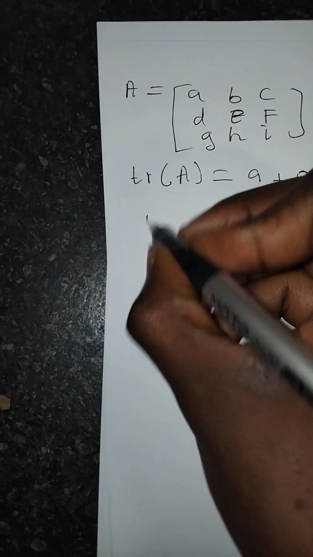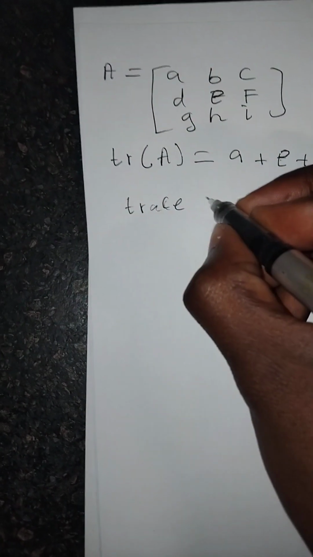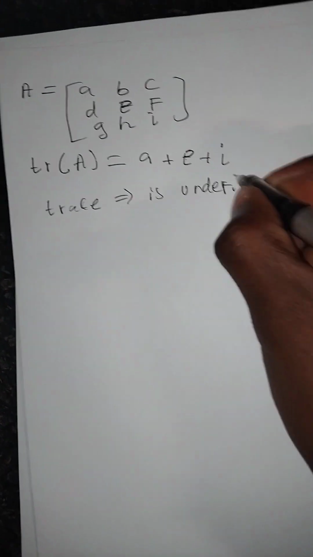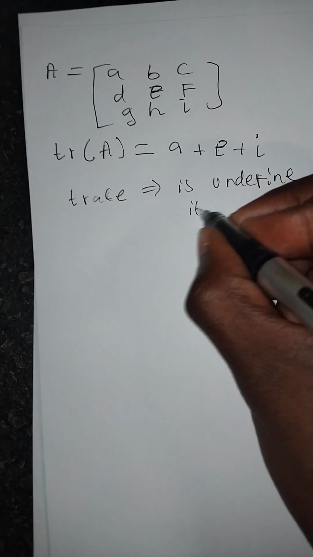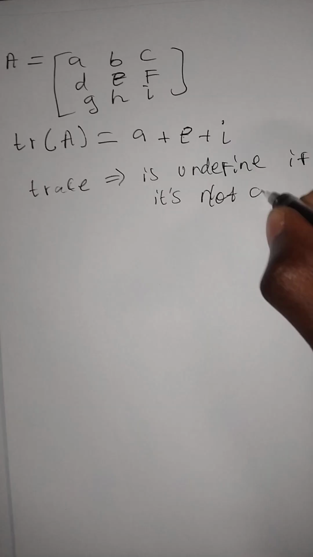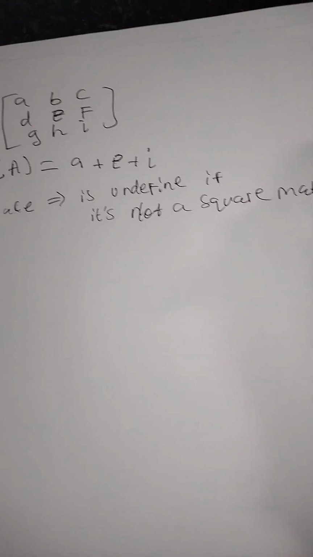And notice that a trace is undefined if it's not a square matrix. If we are not dealing with a square matrix, then the trace is undefined.